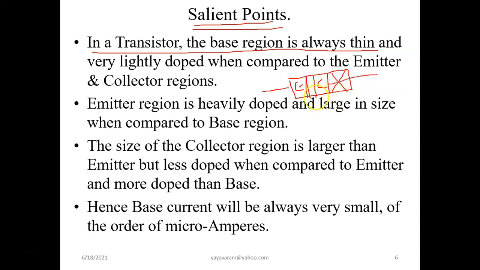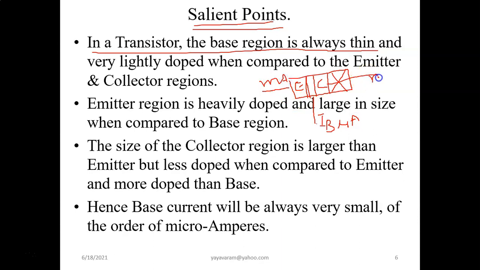If you observe carefully, your base region should be very, very small. That's why the current that is formed by this base current will be of the order of microamperes, as you know already, and this will be in milliamperes.